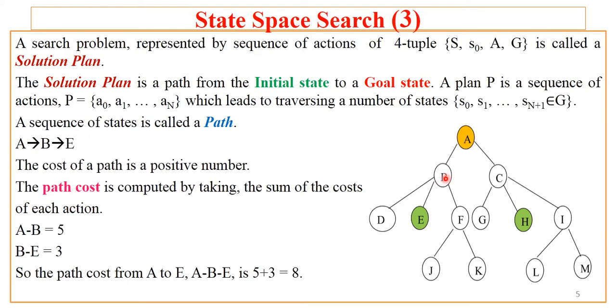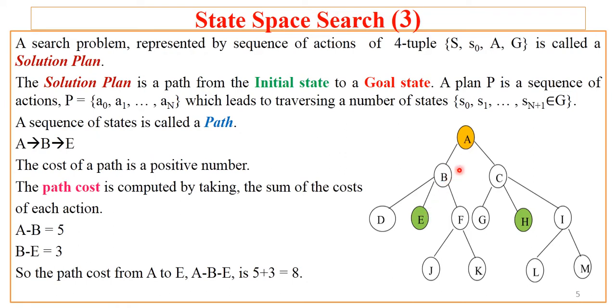Now from B, the valid moves or actions are transition from B to D, transition from B to E, and transition from B to F. Now if this agent program happens to select E as the next node, E is the goal node. In this entire transition from start to goal node, the nodes visited are A, B and E, and this is called a path.